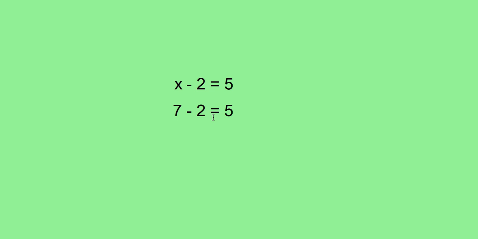You know 7 minus 2 is equal to 5. So for x equal to 7, LHS becomes 7 minus 2 and RHS is 5. Both sides are equal. So the value of x in this equation, we call the solution of the equation.